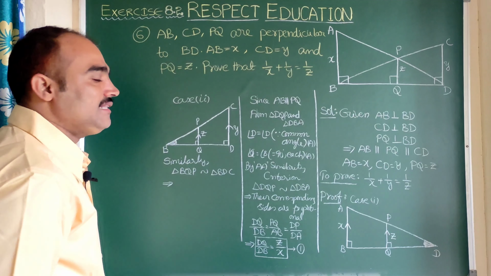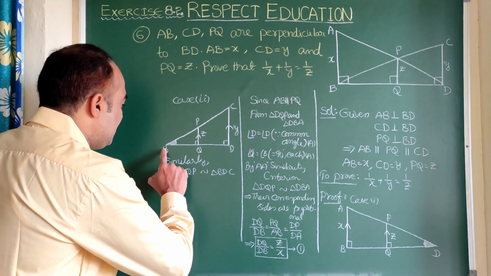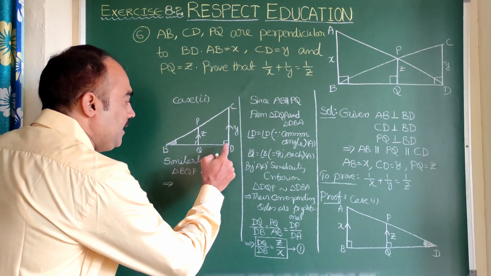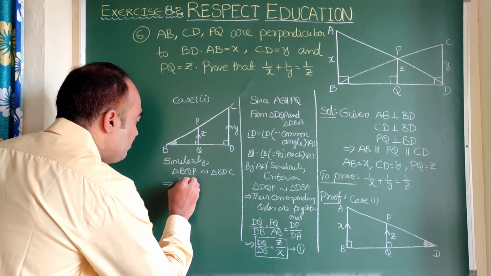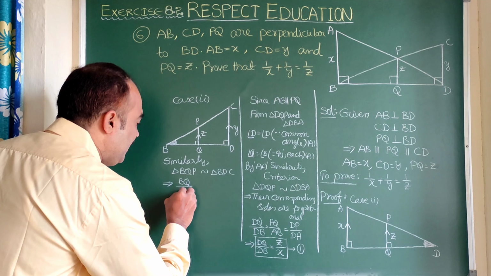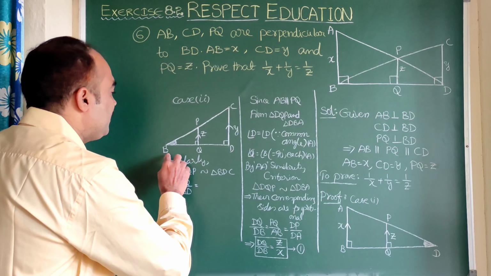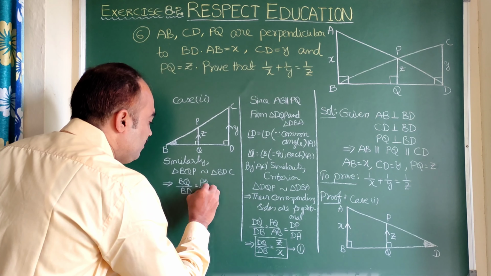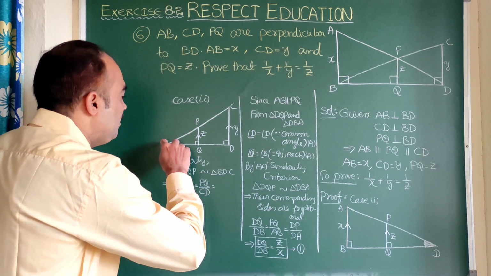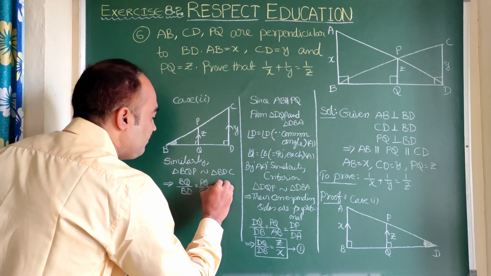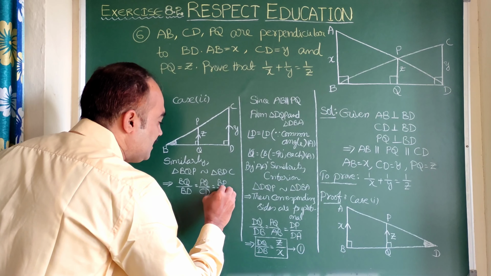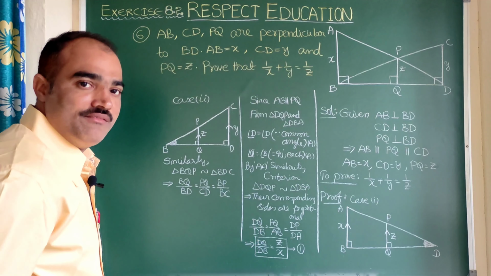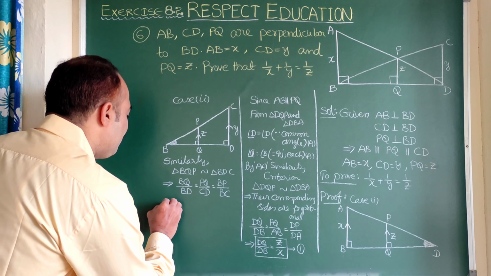Here let us consider the corresponding sides. See here, BQ by BD is equal to PQ by CD is equal to BP by BC. Let us write the values which are known to us.